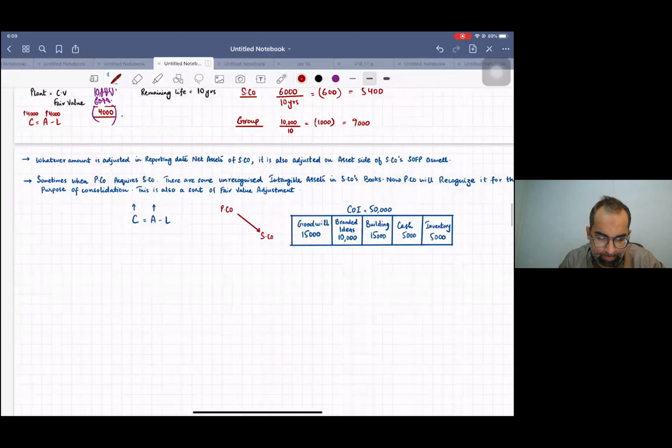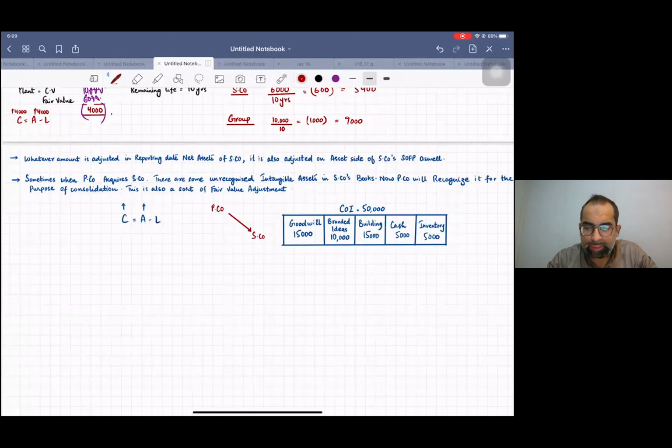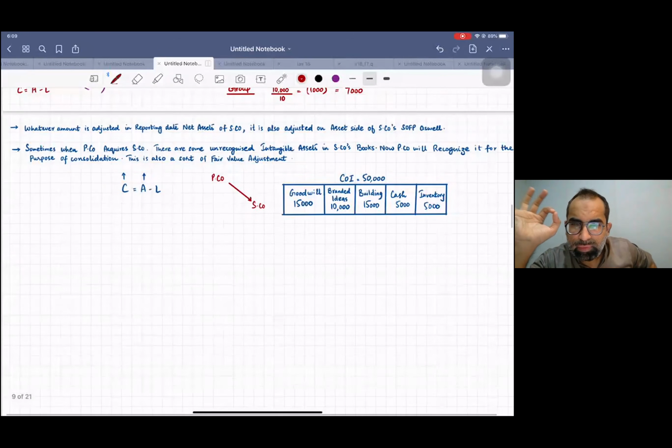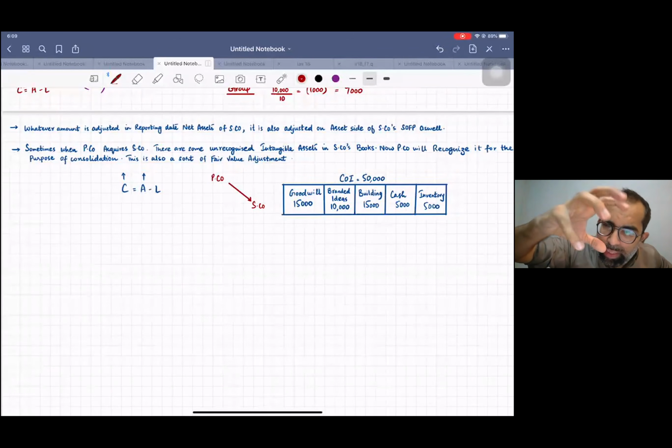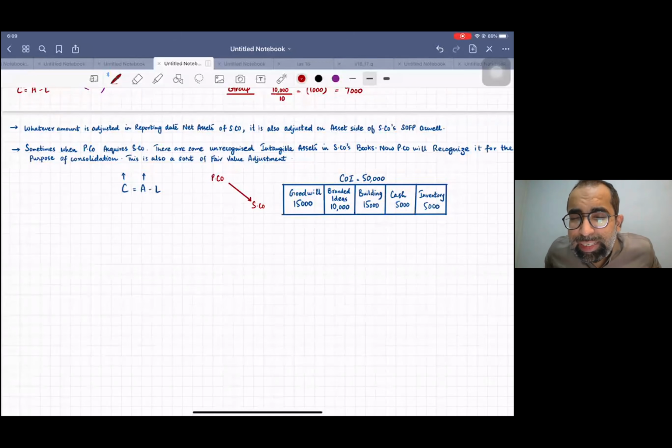Now read this line. In the fair value adjustment topic, sometimes it happens that we acquire a subsidiary company and there is one unrecognized intangible asset with S company. Why? Maybe S company has some internally generated brand.